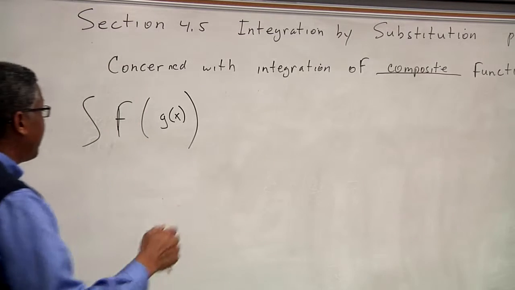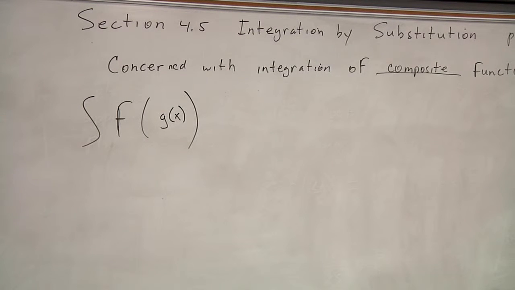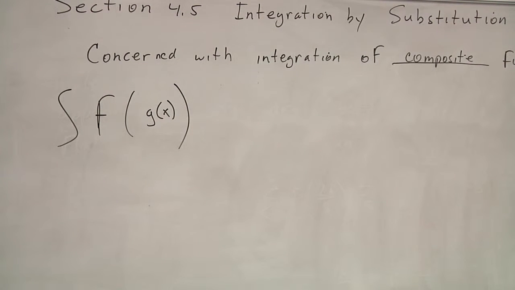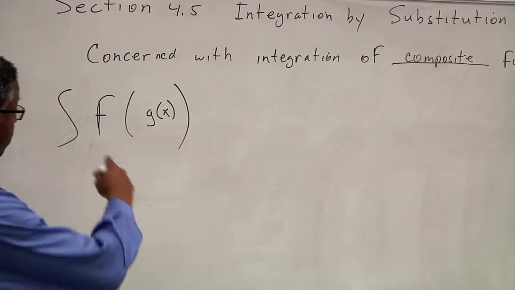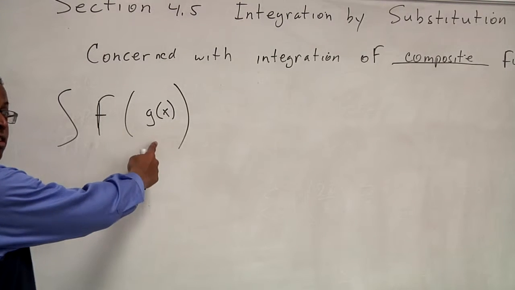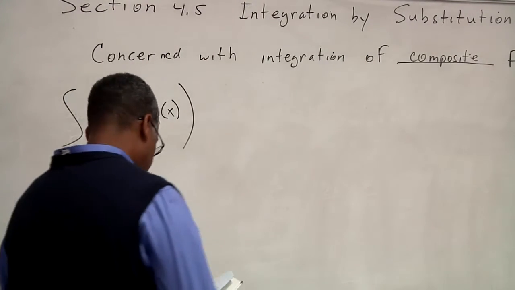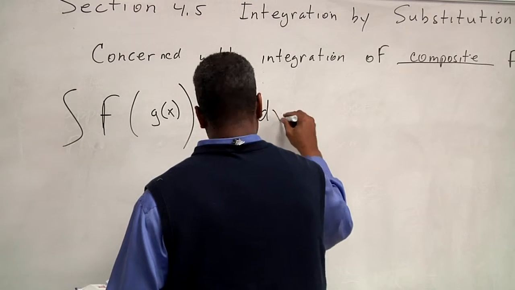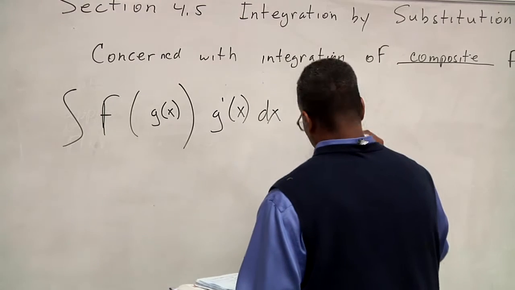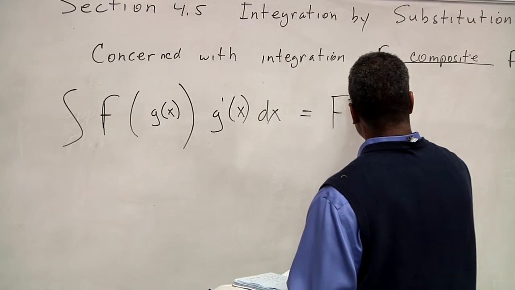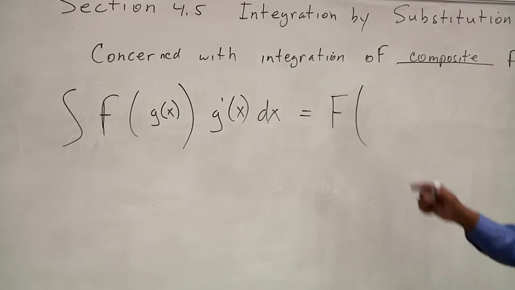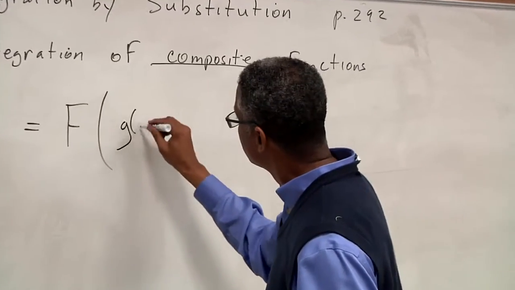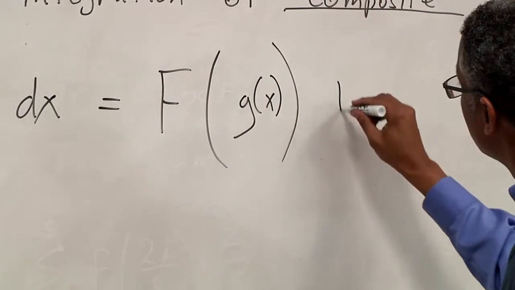I'm writing it small because I want to emphasize that we're integrating a function of a function. That's what a composite function is. If you recall your notes from a few weeks ago, a composite function is defined as a function of a function. So you would agree that this is truly a function of another function, g of x, okay? And this is times the derivative of g, dx. The antiderivative would be f. Again, I'm going to write the g of x small to emphasize that we're doing a function of a function, plus c.